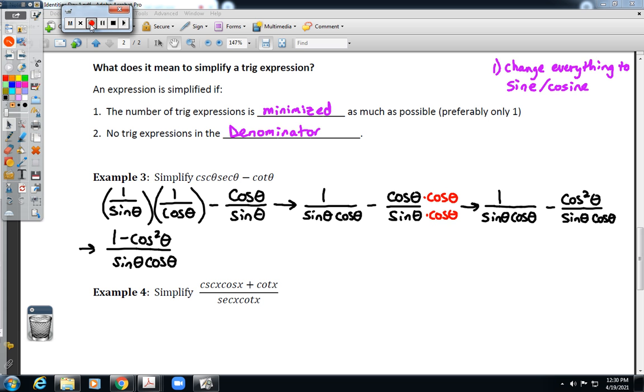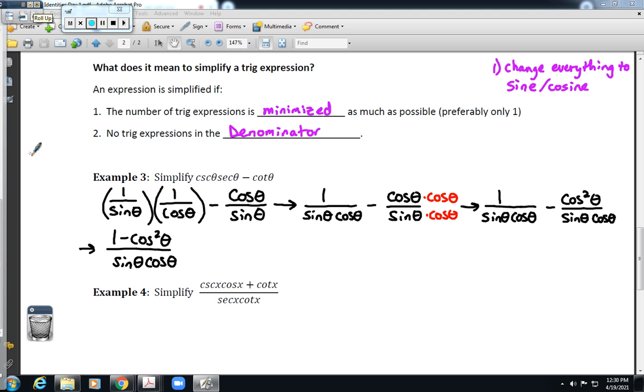And this is where our lack of history with this could be a problem. The numerator, 1 minus cosine squared, that again comes back to our original identity that says sine squared plus cosine squared equals 1.